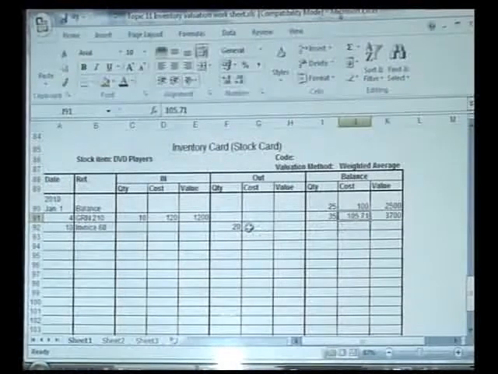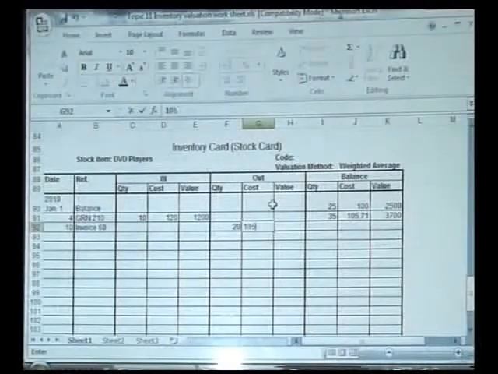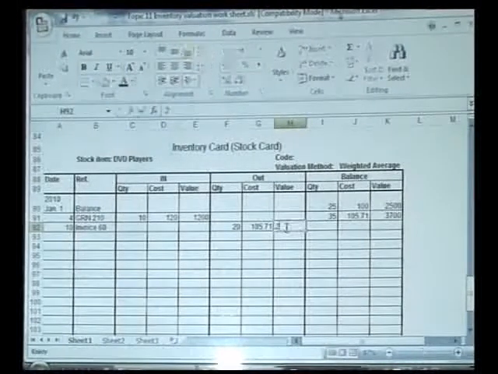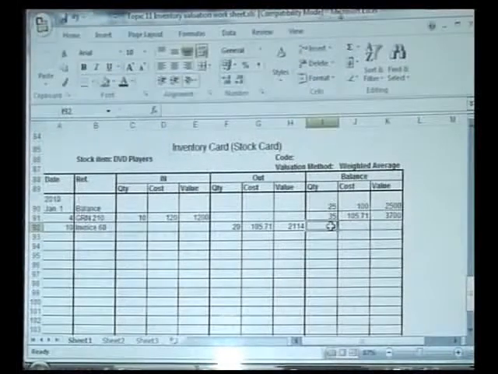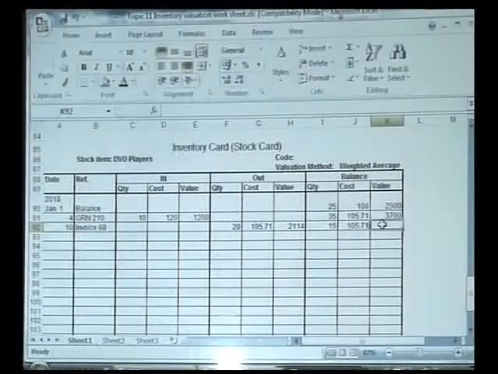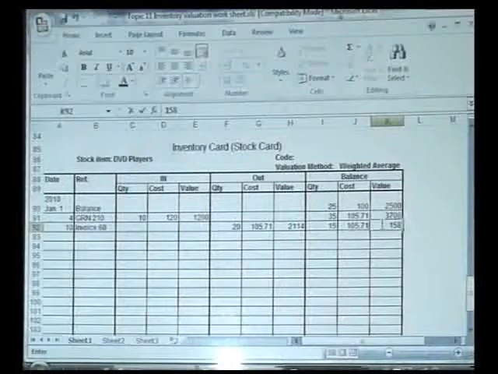It is given here, 105.71. 20 at 105.71 means 2,114. 35 minus 20 is 15, valued at 105.71, then you will get 1,586.